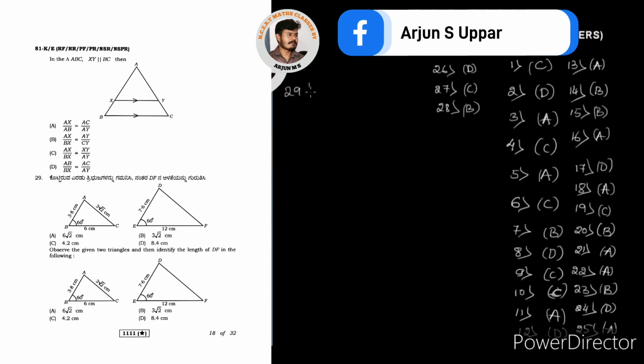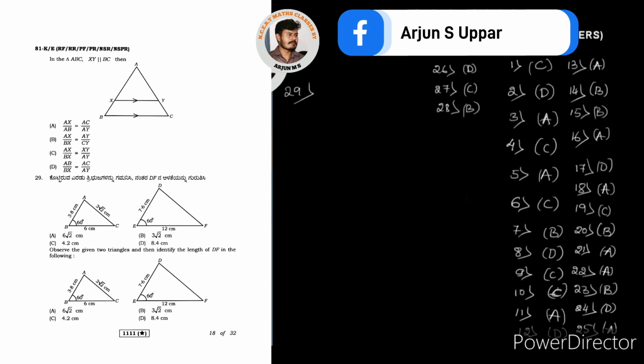Then the 29th question. In the given diagram, observe the given two triangles and identify the length of DF. We have to find out the length DF here. You just observe AB is 3.8.